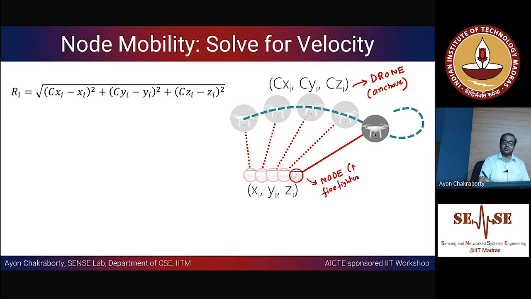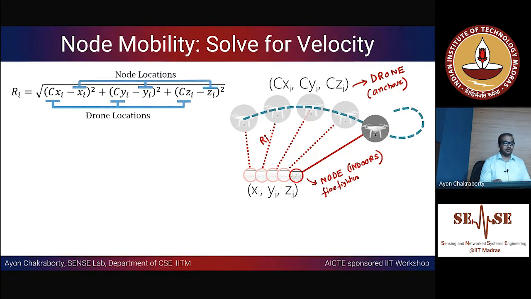This node is indoors. So this is the setting. And what is the value of Ri? Ri is the range that is taken in between the drone and the node. So CXi, CYi, CZi are the drone locations, and Xi, Yi, Zi are the node locations.